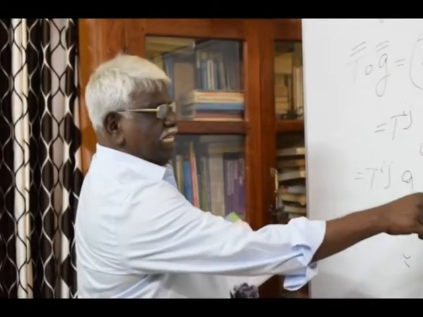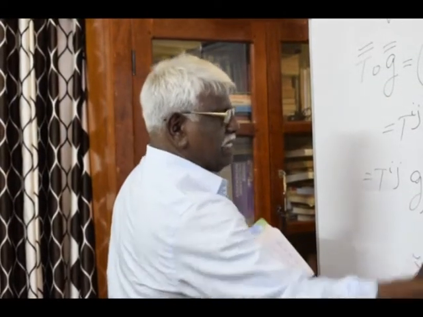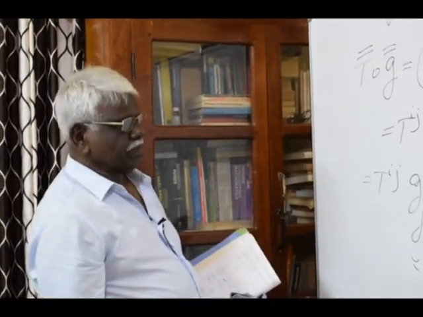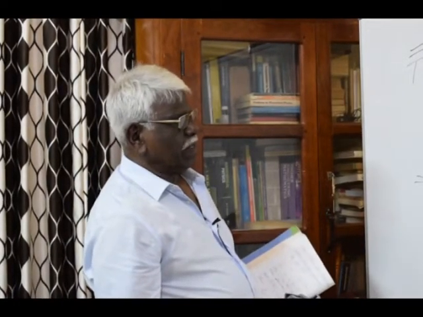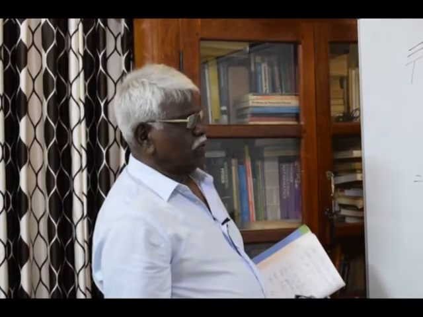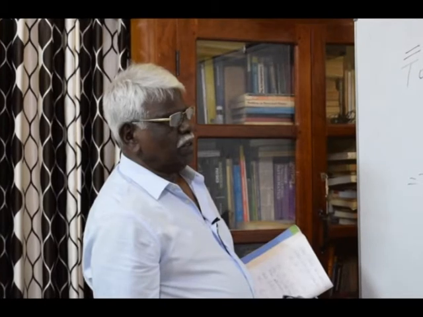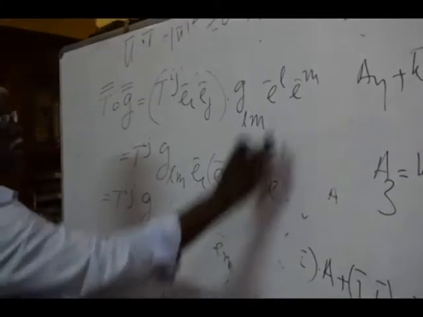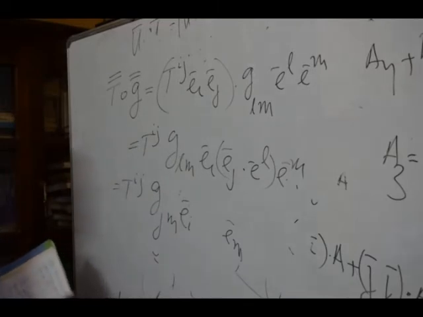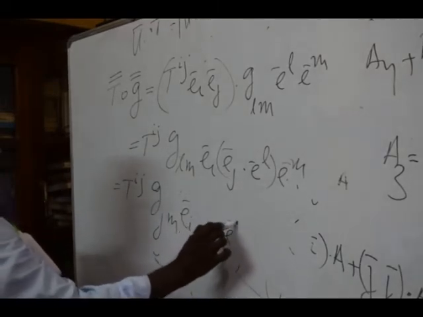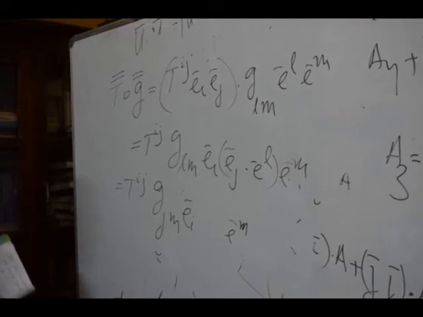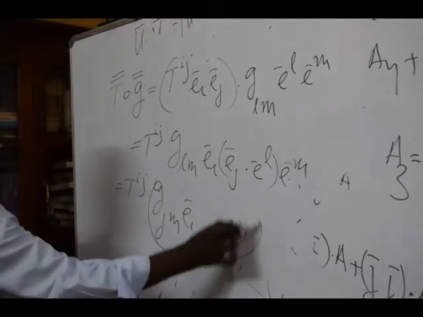So replace L with J. You have Em here. Now you combine these two fellows.